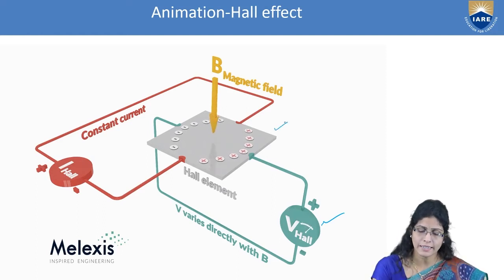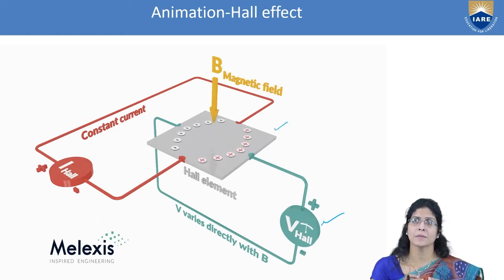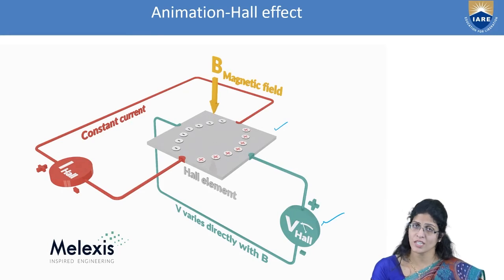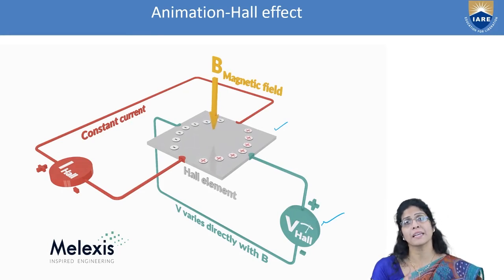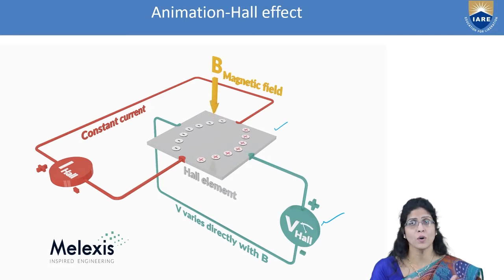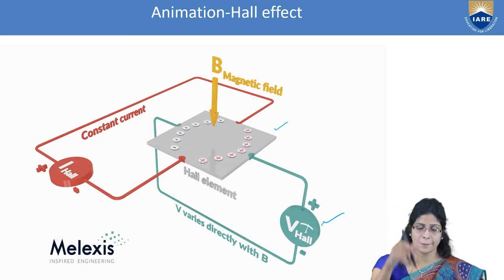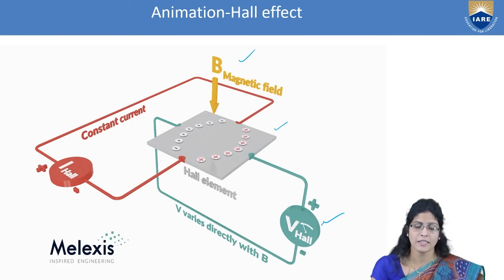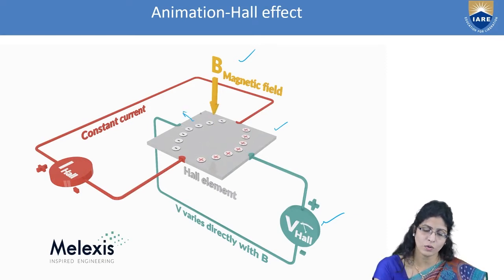You are taking a current carrying conductor. That means there is a flow of electrons. If it is an N-type semiconductor, the conductivity will be with the majority charge carriers, which are the electrons. If it is a P-type semiconductor, the conductivity will be due to the majority charge carriers, which are the holes. Now, to this current carrying conductor or semiconductor, you are applying a magnetic field perpendicular to it. So what is happening? They are deflected. Suppose it is an N-type semiconductor, all the electrons will go to one side.